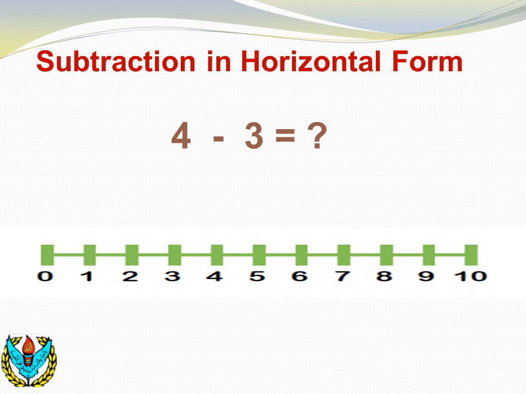It is 4. So here is the number 4 on the number line and we wish to subtract 3 from 4. So what should we do? We will move backward or towards the left for subtraction. The second number is 3. So let's move 3 backward.